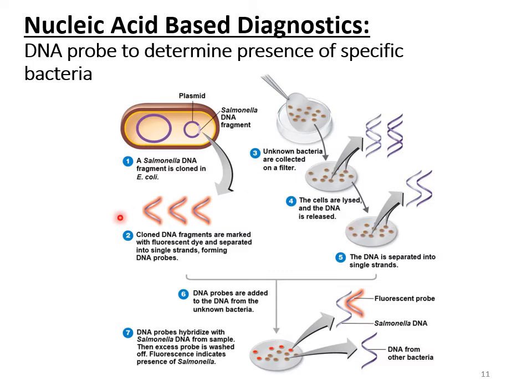So in this case, the small sequences, these little probes, have fluorescence. So if your patient has the particular pathogen's DNA, so in this case it's Salmonella DNA, this single-stranded little fluorescent probe will bind to your patient's sample of DNA because they're infected with Salmonella.